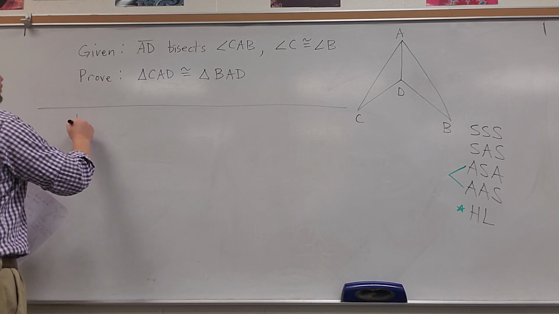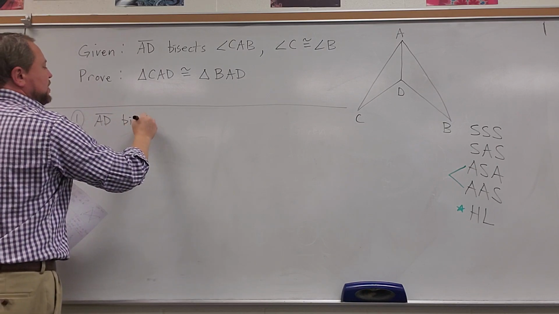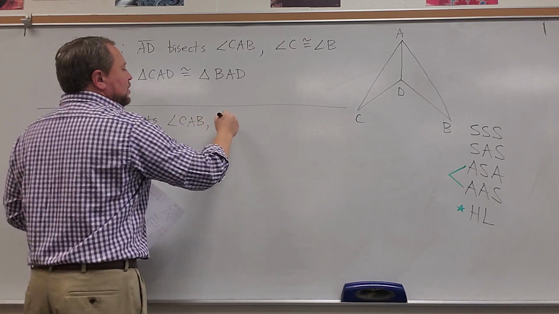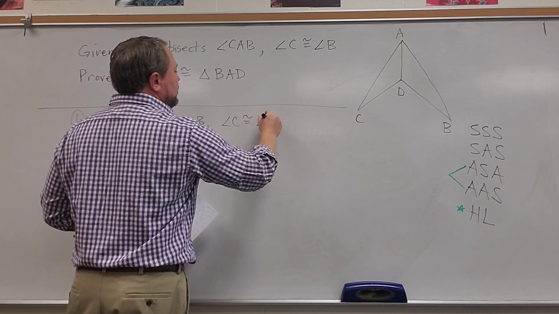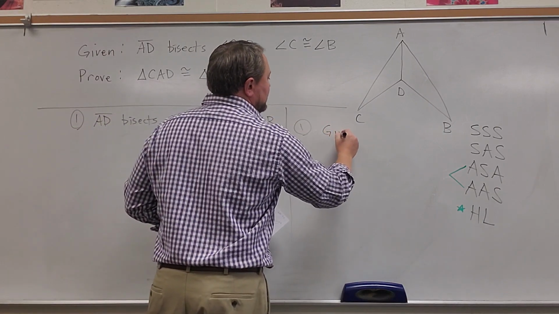Step one, restate our given. AD bisects angle CAB. Angle C is congruent to angle B. It's always given.